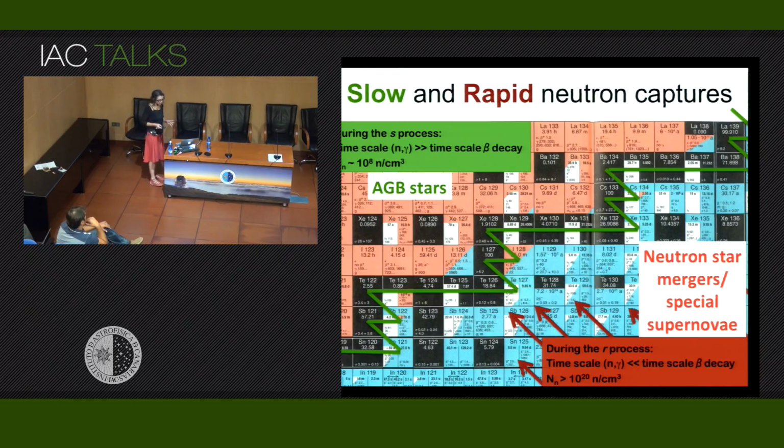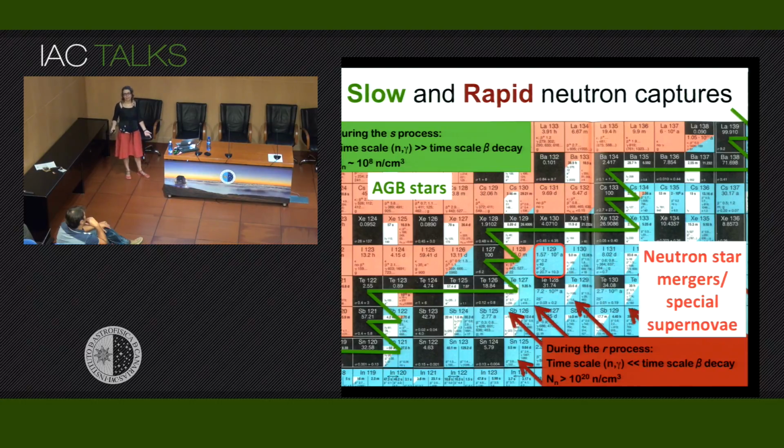Okay, so when I go back to my nuclei, you can see there's one of them here. There's my iodine-129, one of the nuclei that I was interested in. And you can see straight away that it cannot be produced by the S process. Because with the S process, when I have iodine-127, I capture a neutron, I produce iodine-128, it decays in 25 minutes.